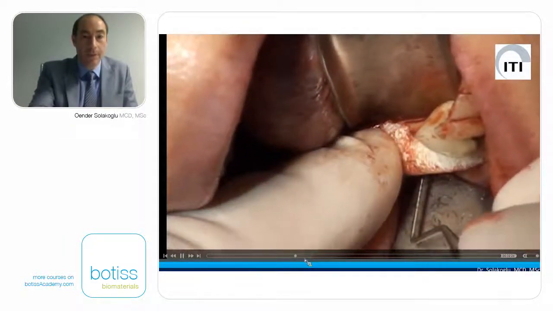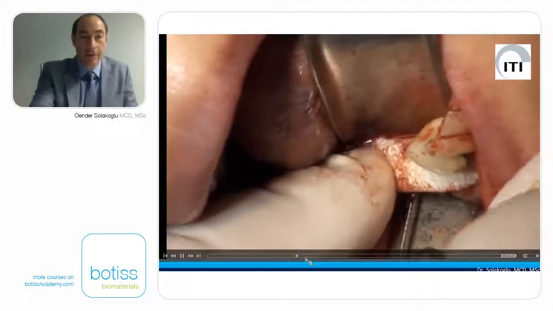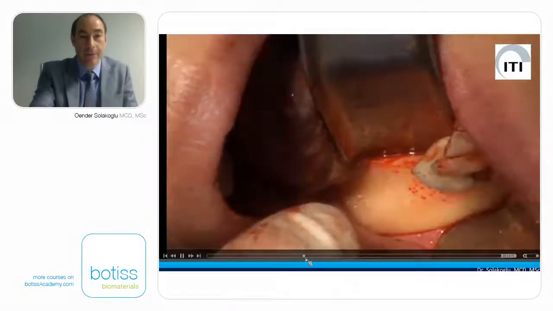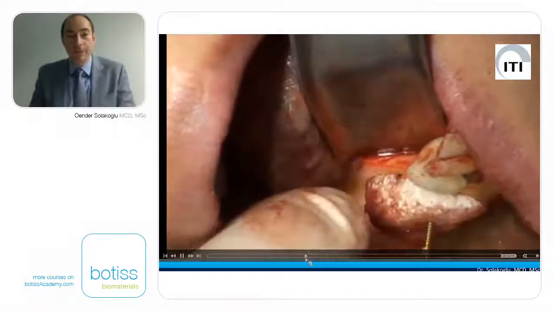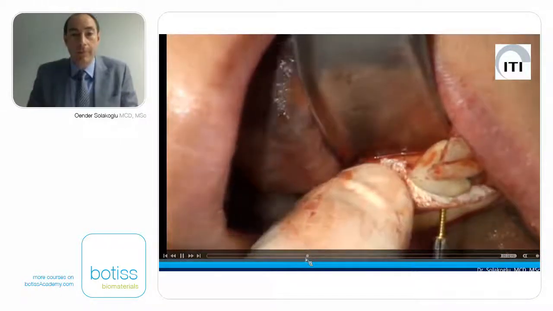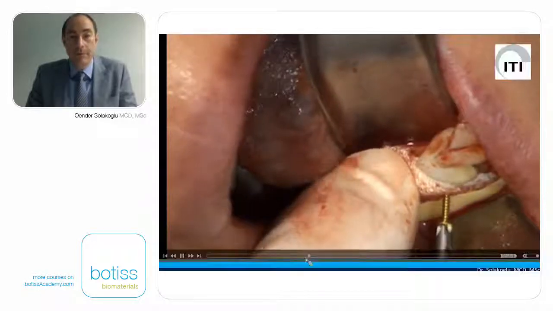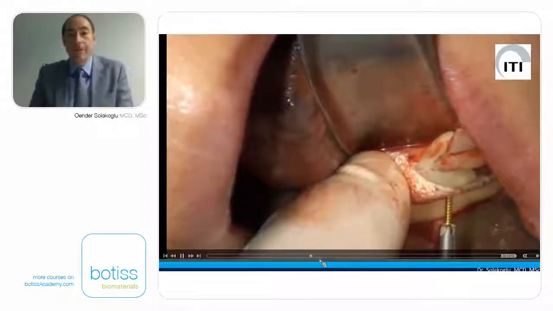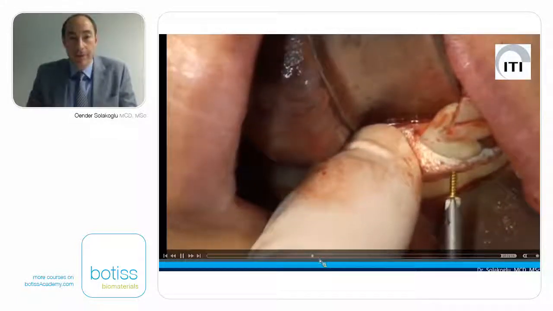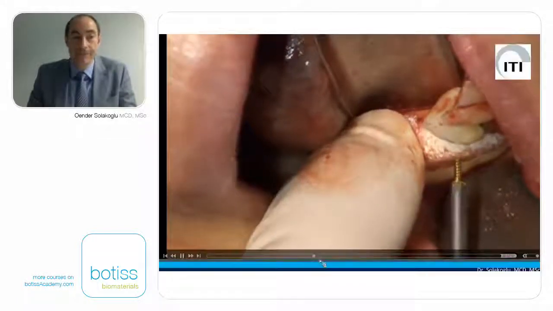And then once that's done, we check the positions of the holes again. We do our cortical perforations in order to allow the ingrowth of blood vessels. And then, as you can see here, the fixation of the block graft.